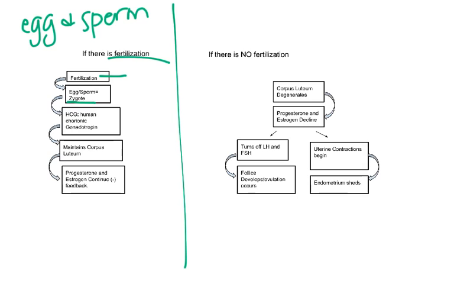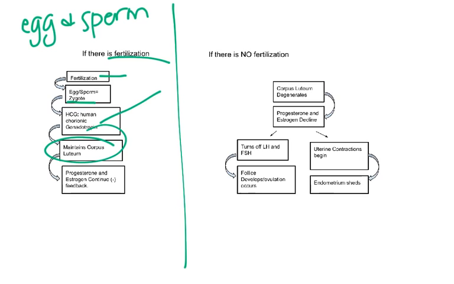Your HCG hormone is the hormone that is typically used to detect in pregnancy tests. So this is a hormone that will just be present if implantation does occur in that endometrium wall. But then what happens is we have our corpus luteum that is going to stay.